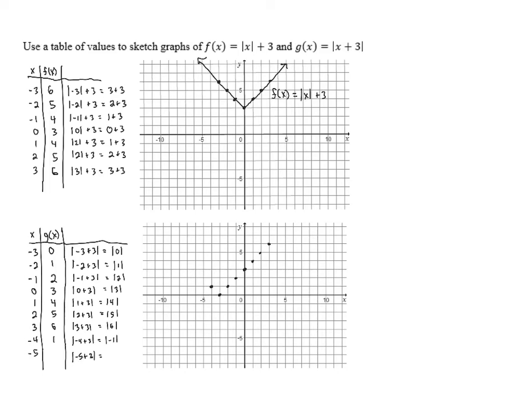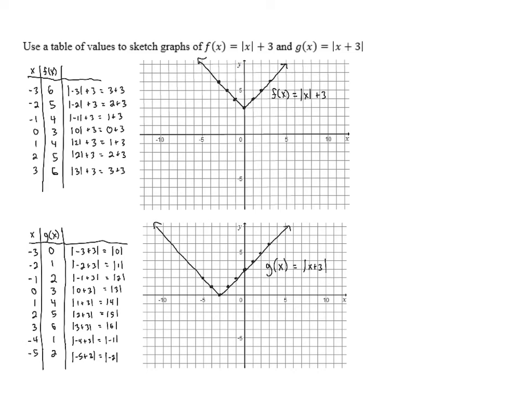Inside the absolute value, -5 plus 3 gives us -2. The absolute value of -2 is +2, so that gives us the point -5, 2. And now we can see that this is going to be a V shape, just like the other absolute value equations. This is going to be g of x equals the absolute value of x plus 3.